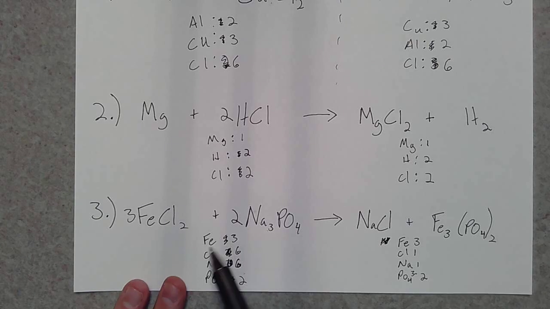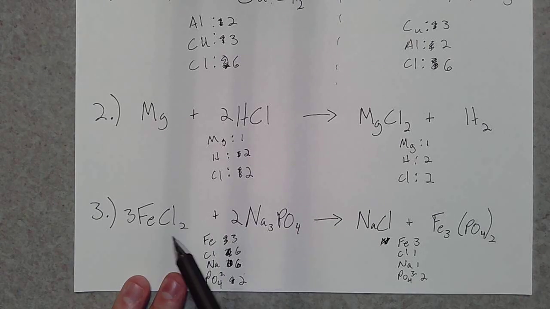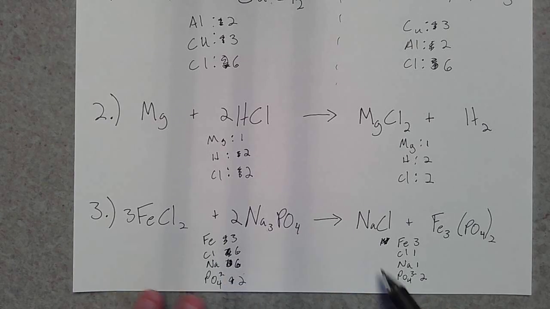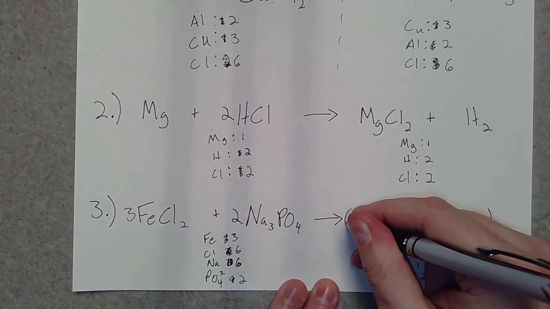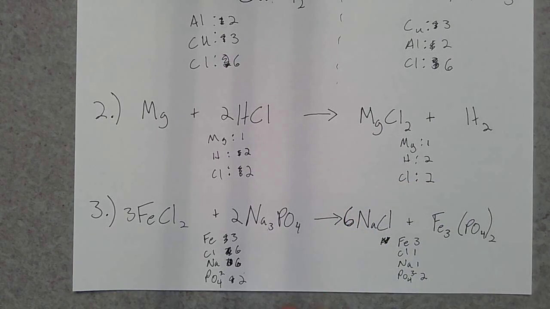So my new counts are 3 irons, 6 chlorines, 6 sodiums, and 2 PO4s. So the irons are good. The PO4s are good. The only thing left are 6 Nas and 6 Cls, which this is singular, remember? So now we just need that 6, and that will be nice and balanced.